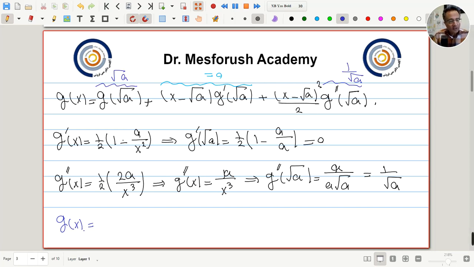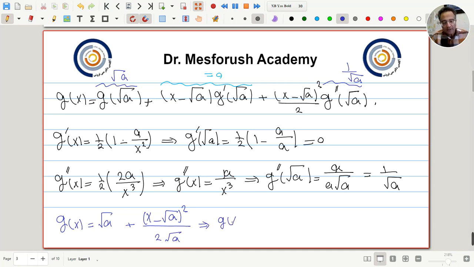So we get g of x equal to square root of a, this term is 0, and this term is plus (x minus square root of a) squared over 2 square root of a. Okay, now compute g of x_n.